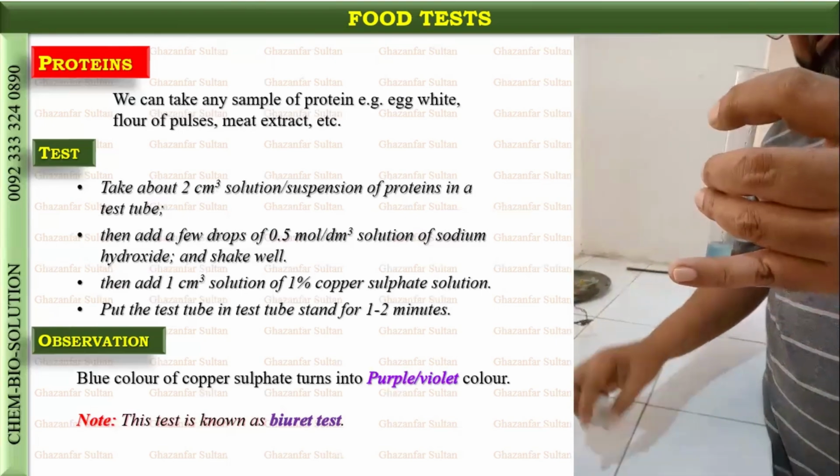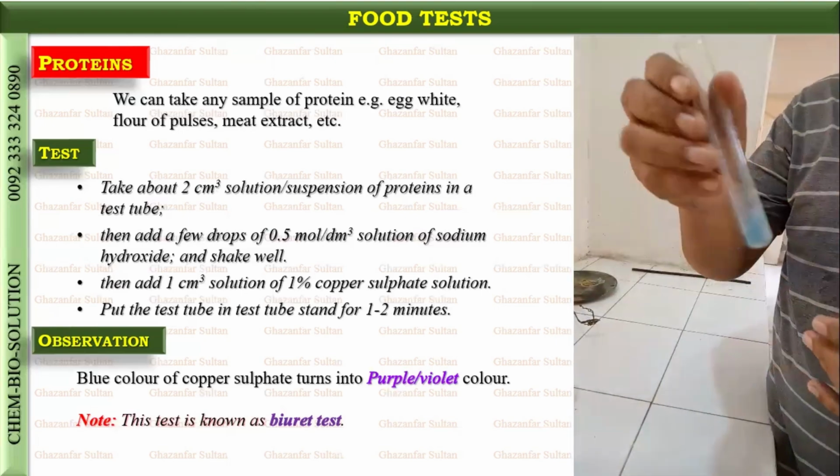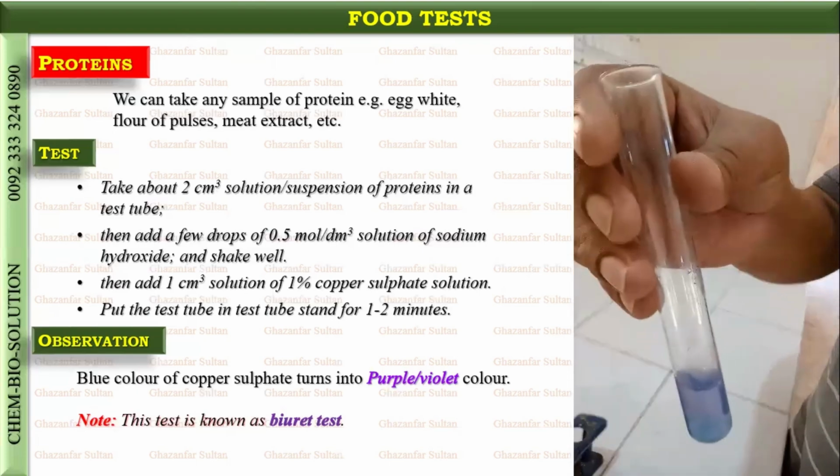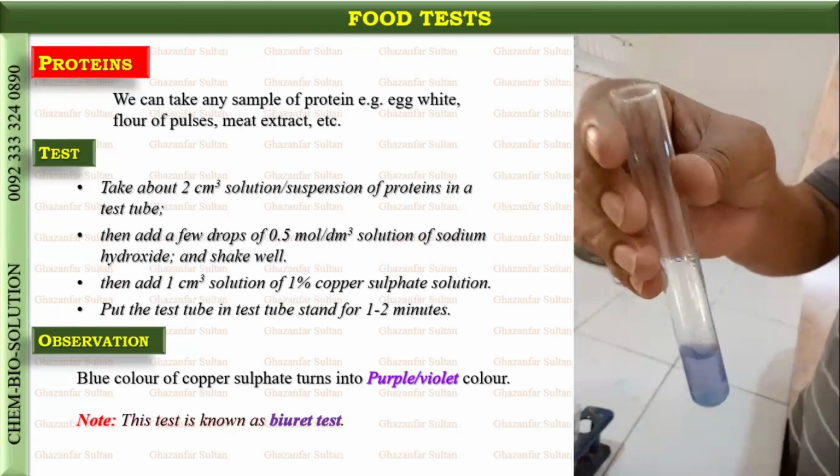Copper sulfate is added here. So the color remains same, but after a few minutes, it becomes purple. So whenever protein is present in a sample, it will give the purple color. And again, the color intensity depends on the quantity of protein.